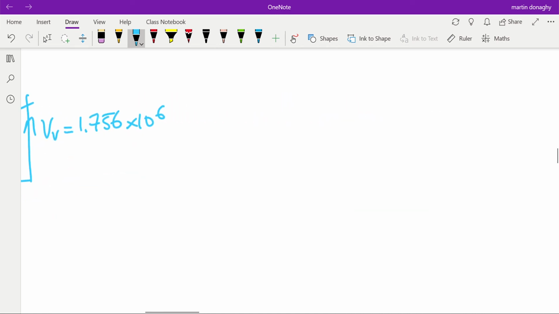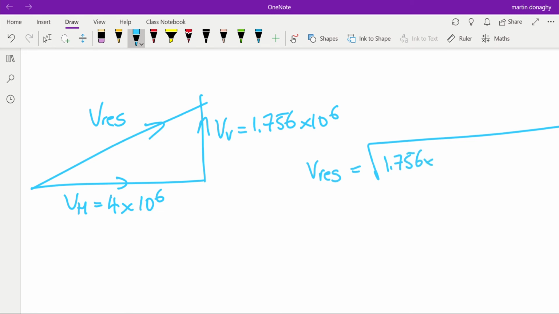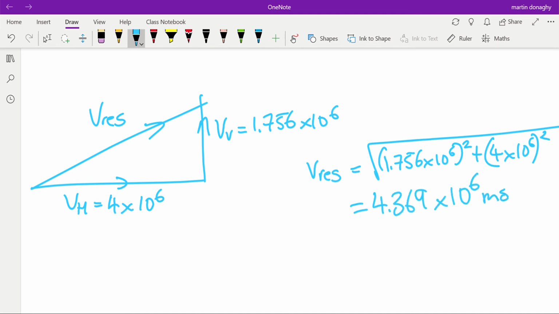So using Pythagoras' theorem, it's the square root of 1.756 by 10 to the 6 squared plus 4 by 10 to the 6 squared. Type that in your calculator and that gives you 4.369 by 10 to the 6 meters per second.